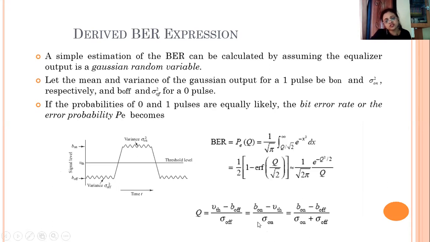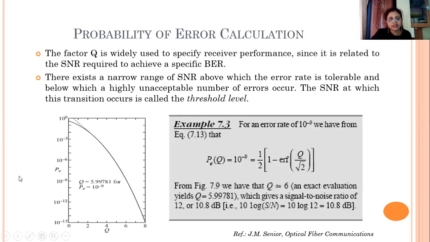So by making permutations and combinations, one can refine the design, or design it carefully, to have the quality factor approximately 6, so that error probability won't go below this value 10 raised to minus 9, and it will always be maintained above this. So there will be less number of errors. So this is how you will relate the quality factor to the bit error rate, and quality factor indirectly is related to the signal to noise ratio.